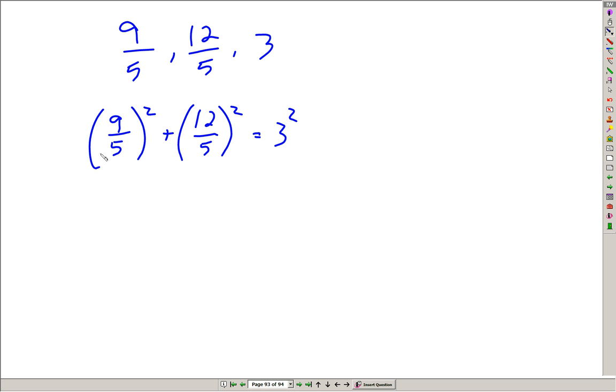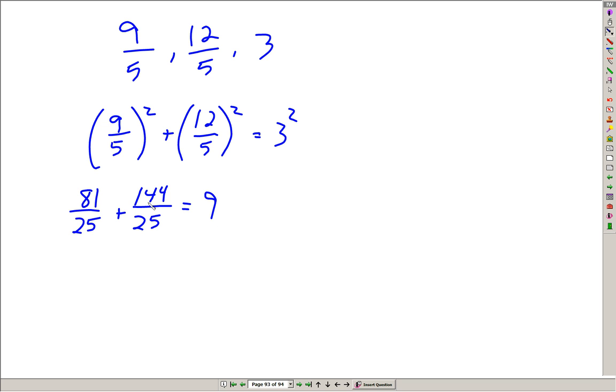When you square a fraction, square the numerator and square the denominator. 9 squared is 81, 5 squared is 25. In the next one, 12 squared is 144, 5 squared is 25, and 3 squared is 9.